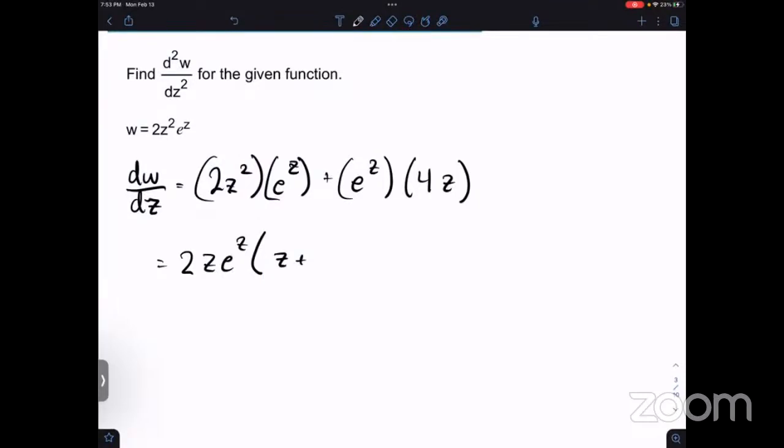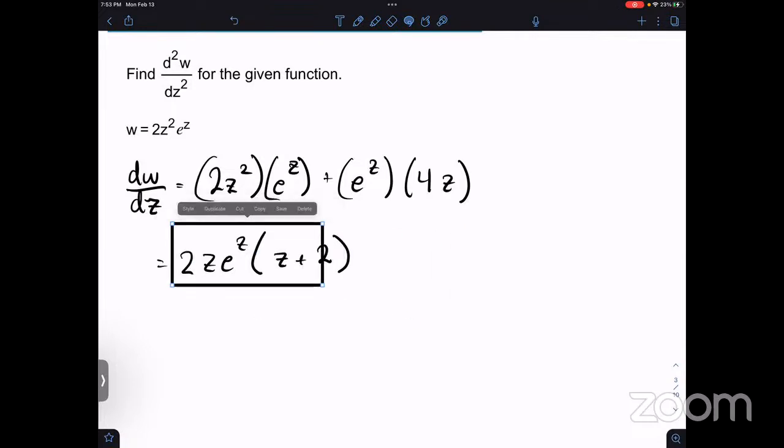So it's 2z e to the z, and the only thing left in the second factor is a 2. They might write it like this. You can try the first line, and if that doesn't work, then try this box portion. It should be one of those two.